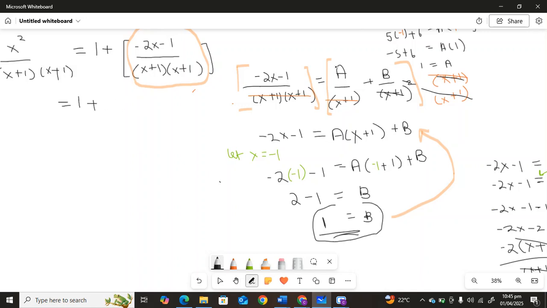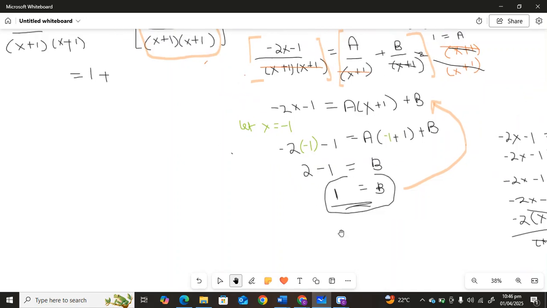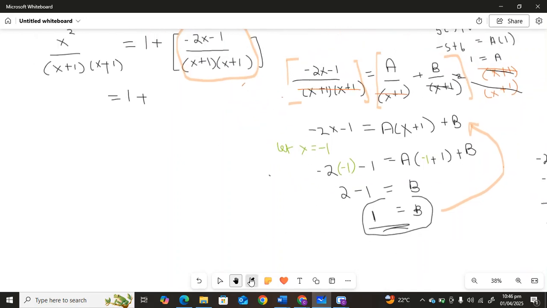So A is negative what? A is, let's see, it was negative 2, plus b is 1.